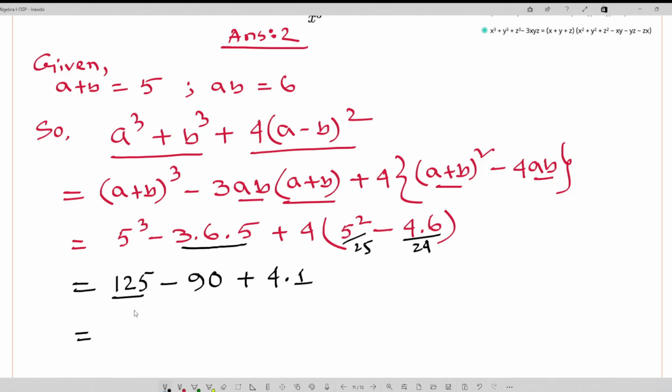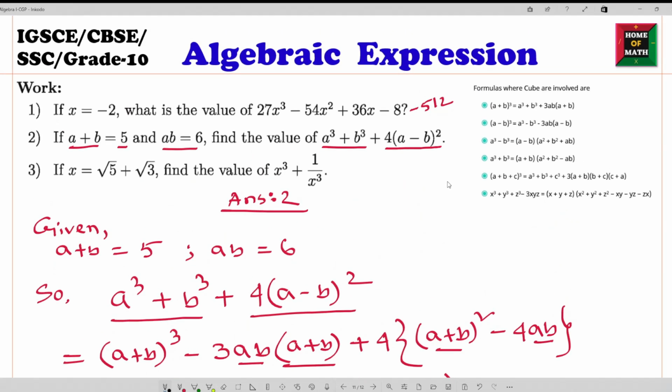So 125 plus 4 is 129 minus 90 and the result is 39. Clear? So number 2 done and the answer is 39.